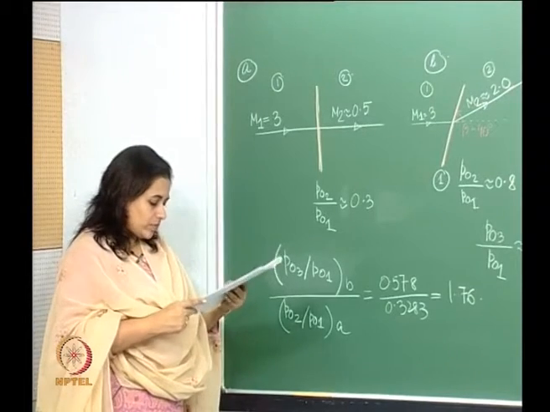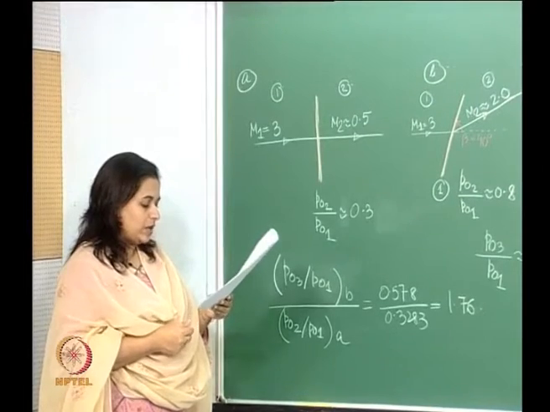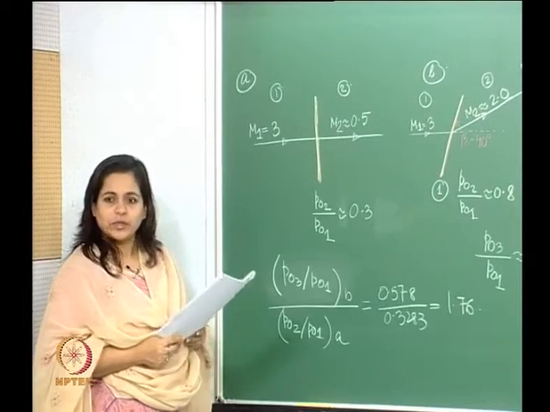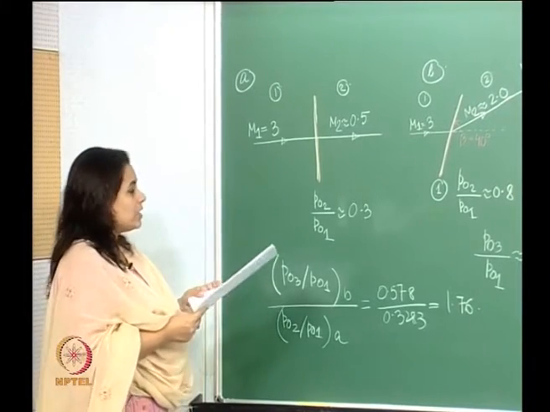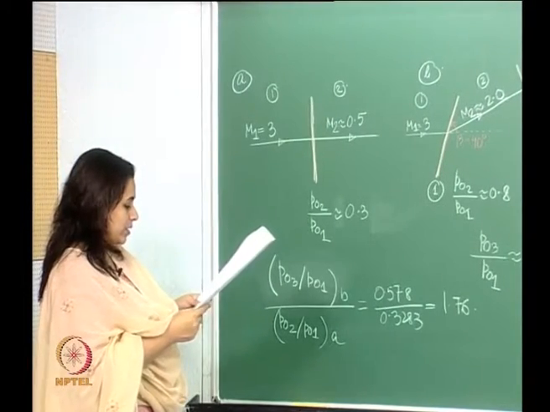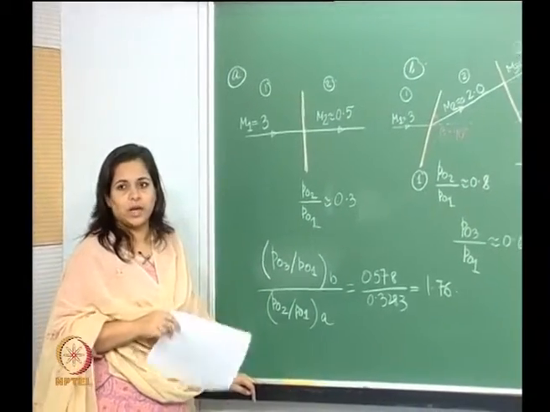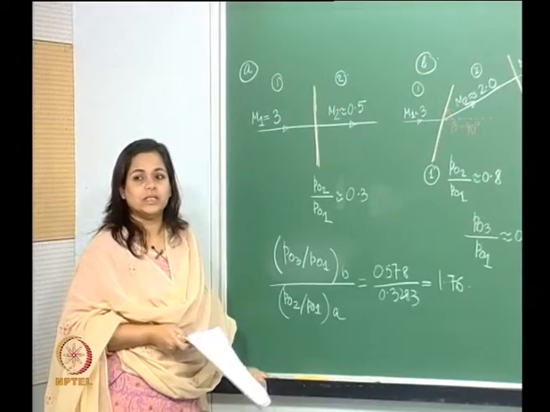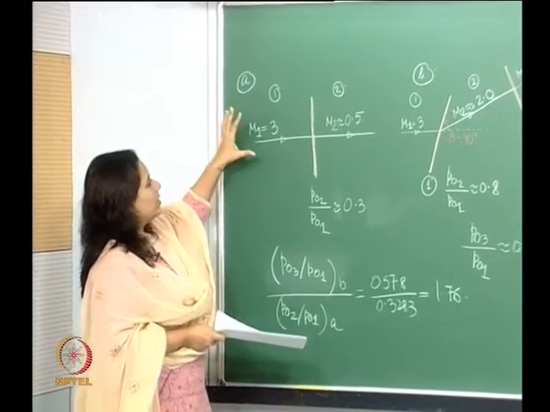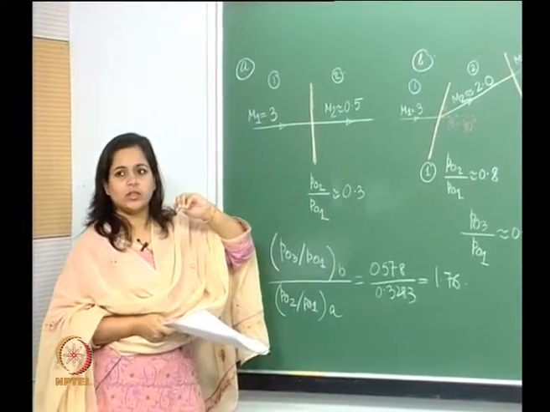Okay. So yes, also, if you go and scrutinize the tables a little more, right, if you increase the upstream Mach number, the total pressure decreases. If you go and look at the normal shock tables, if this Mach number is increased, the total pressure decreases, right.